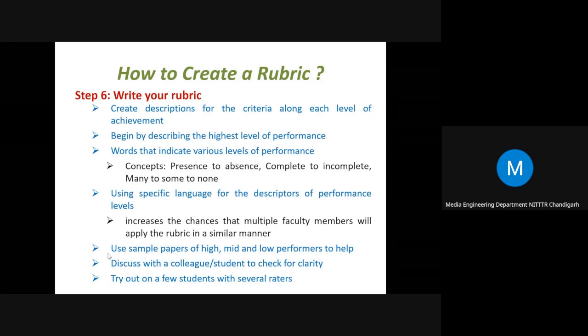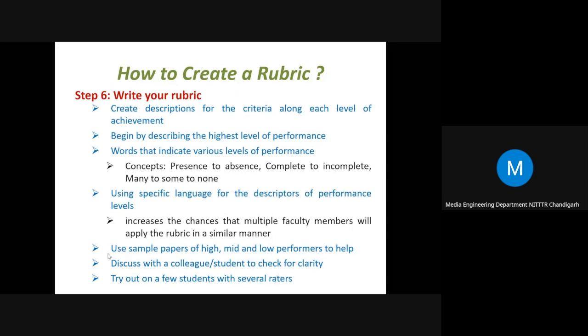When we are writing these performance descriptions, there should be words which indicate levels of performance. Like we can start from presence and end at absence, or move from complete to incomplete.